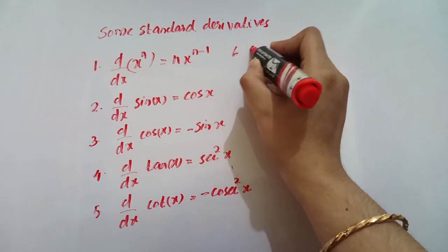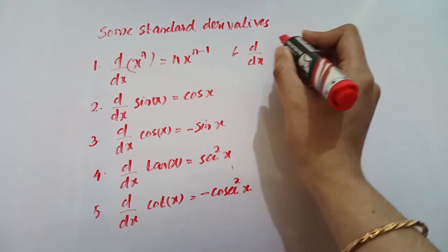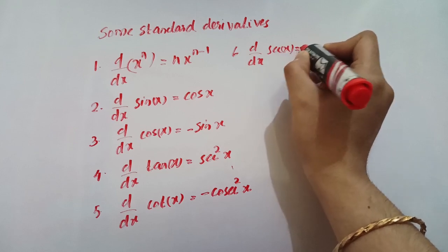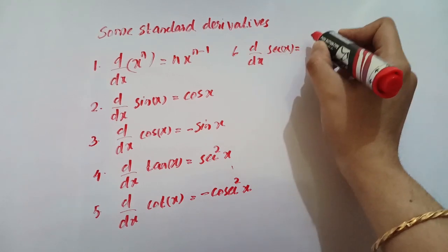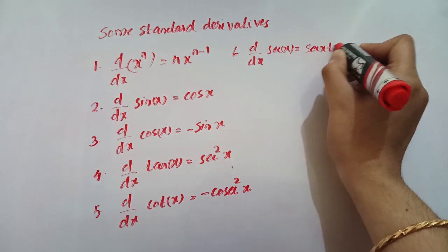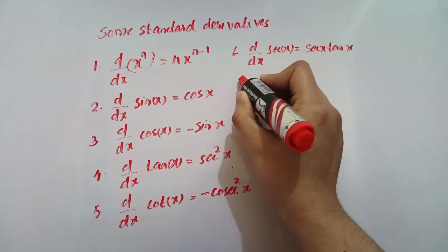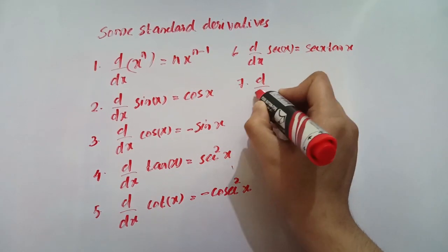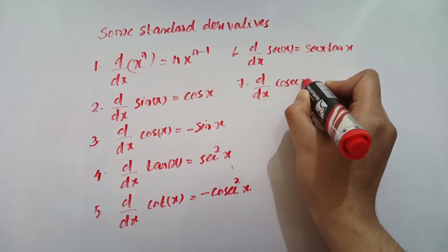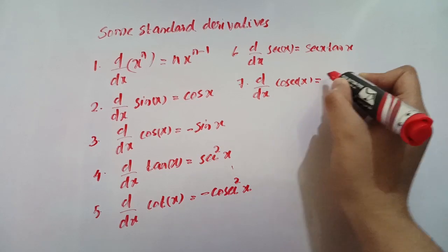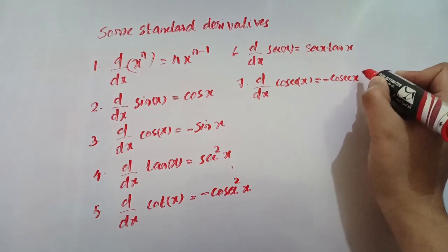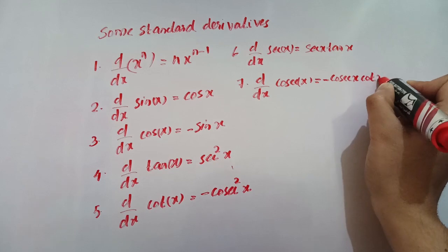Next, d by dx of sec x is equal to sec x tan x. Next, d by dx of cosec x is equal to minus cosec x cot x.